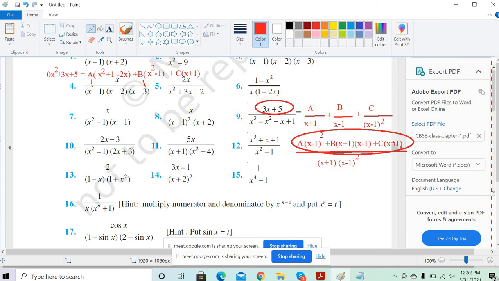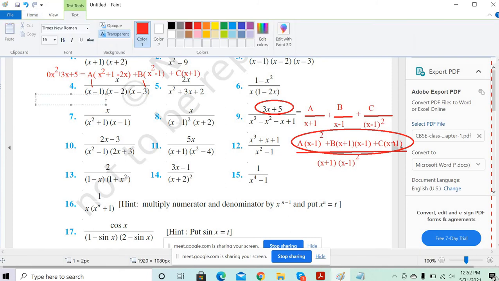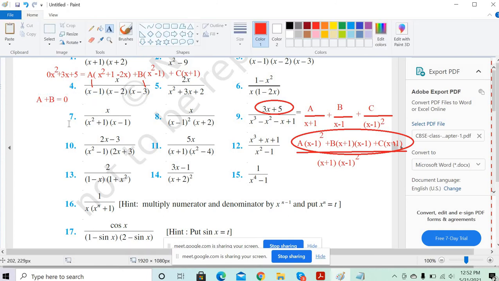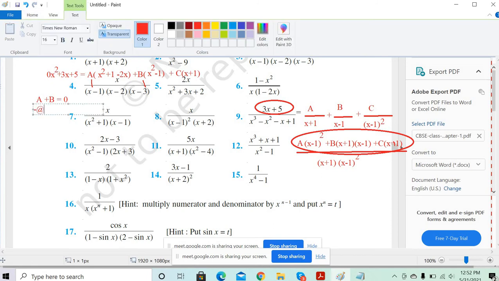So a plus b will be equal to 0. First equation, correct? Next, minus 2x and plus cx. So minus 2a plus c, correct, will be equal to 3, right?